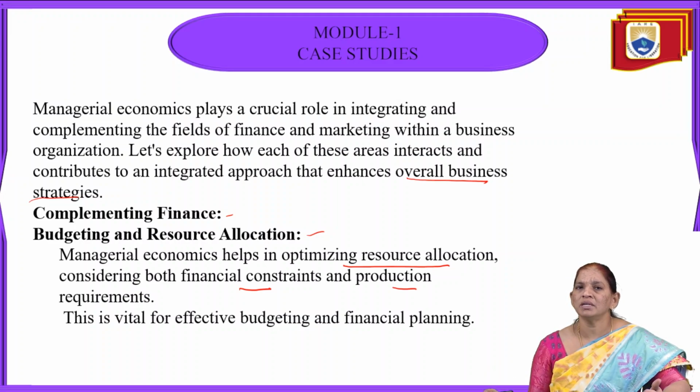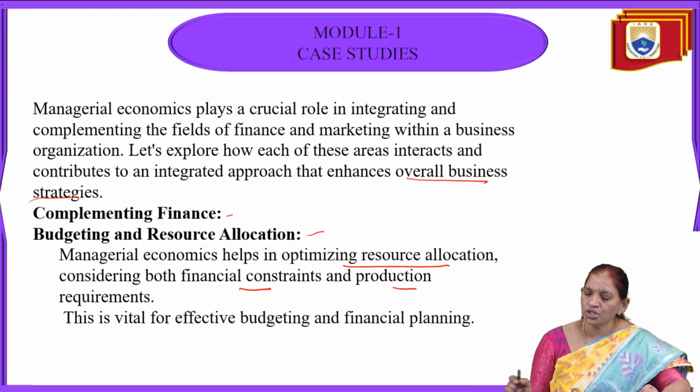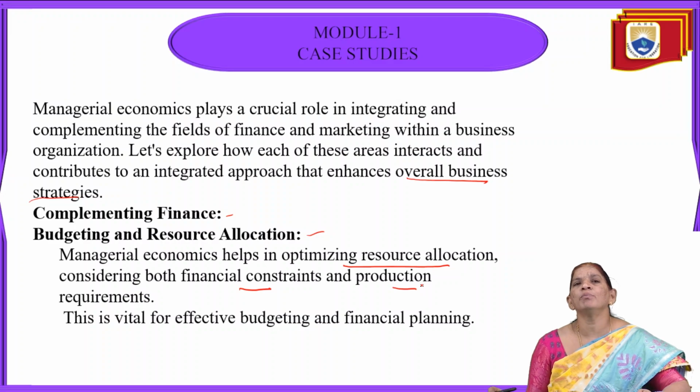When we have budgeting methods and money, utilization will have constraints of financial issues, relating to the availability of funds, the cost of capital and utilization of that capital. In the same way, when analyzing these constraints, production requirement is also an important thing to analyze.